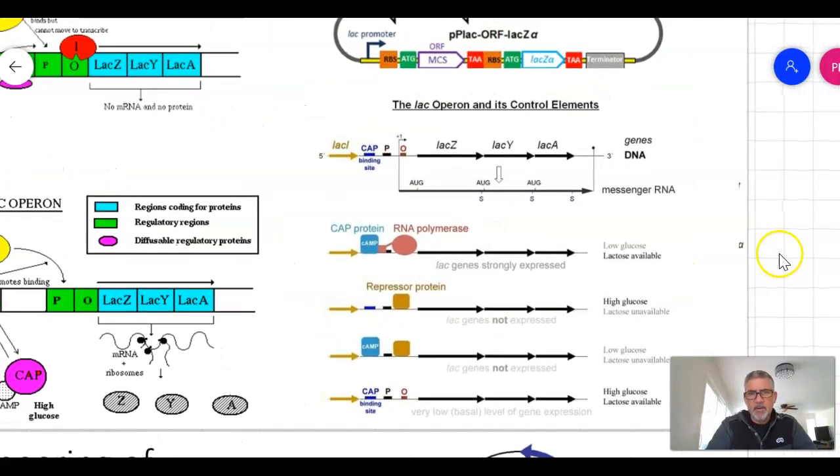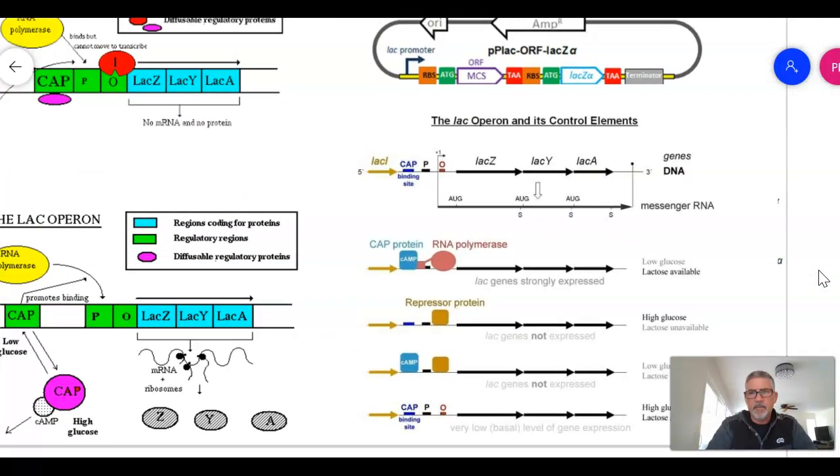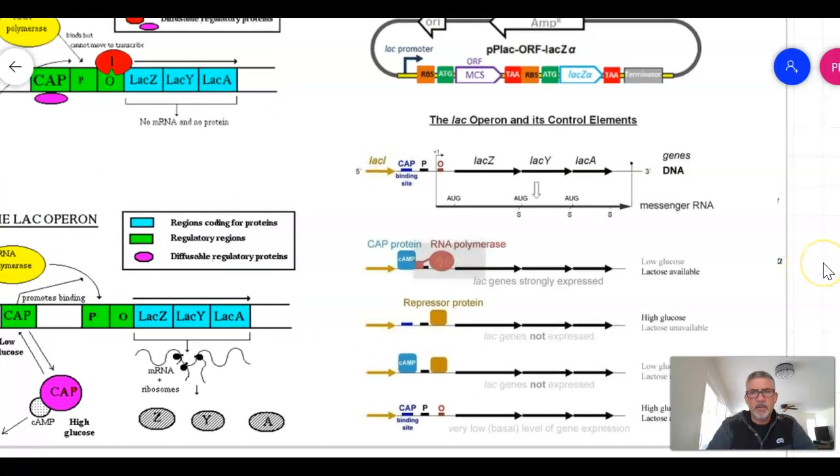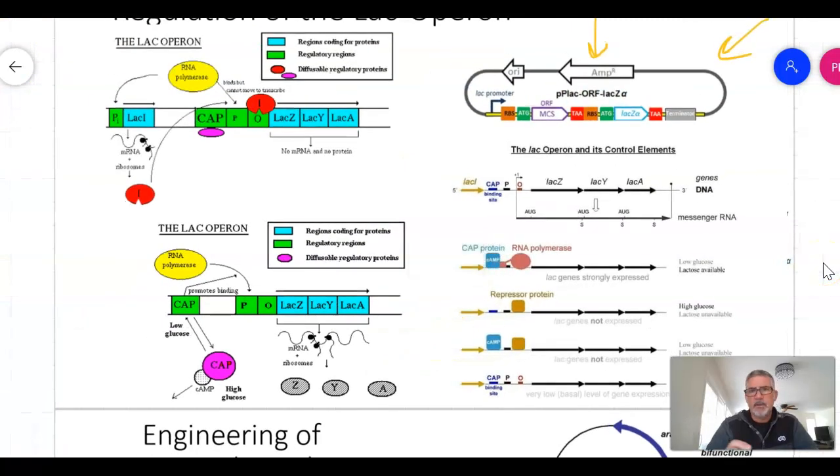Let me move this over here a little bit. Let's try to make this a little smaller. Okay. All right, so this is the way it's regulated. So if I have the LAC operon here, there are a couple things that we didn't talk about. I have my P, my promoter. This is my promoter, the binding site for my RNA polymerase.